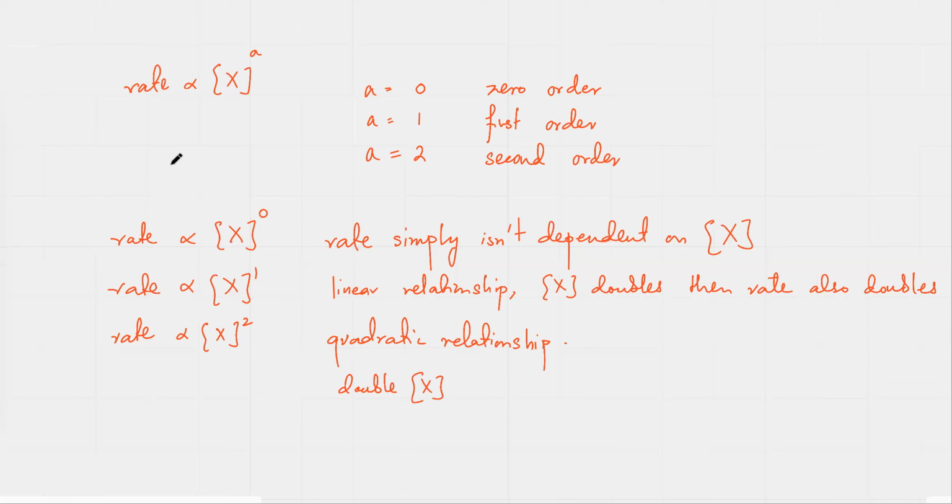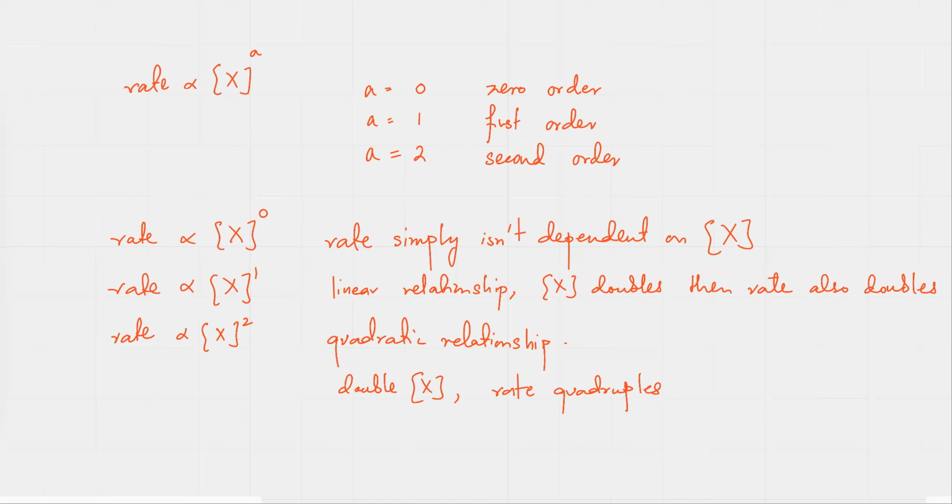So the rate is going to be 4 times now. So the rate doesn't just double, it becomes 4 times, or you can say the rate quadruples. So it's a square relationship. You double it, the rate becomes 4 times.